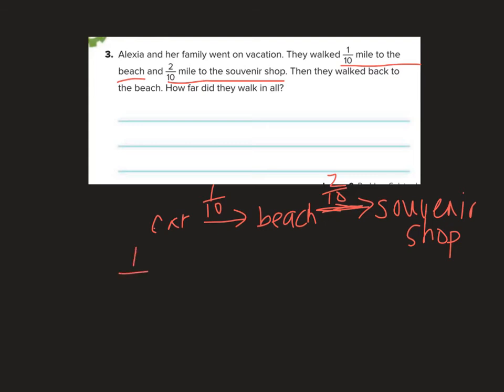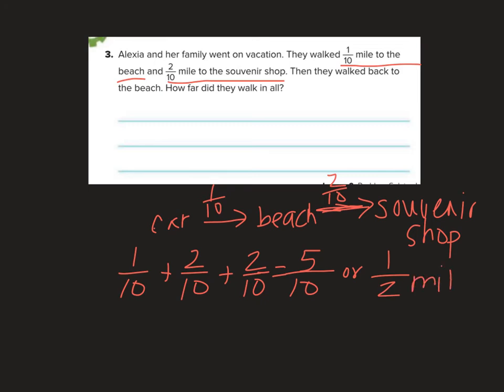Let's do it. So 1/10 plus 2/10 to the souvenir shop, and then they're going to walk 2/10 of a mile back to the beach, which gets me 1 plus 2 plus 2 equals 5/10, or half of a mile. How did I know it was half?